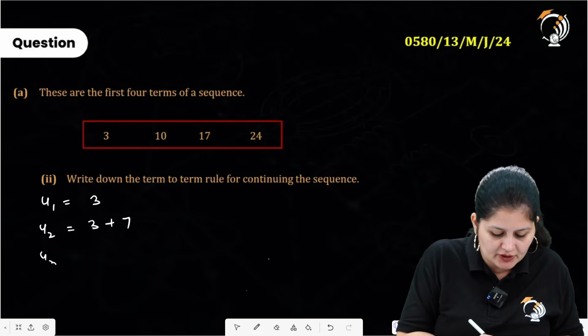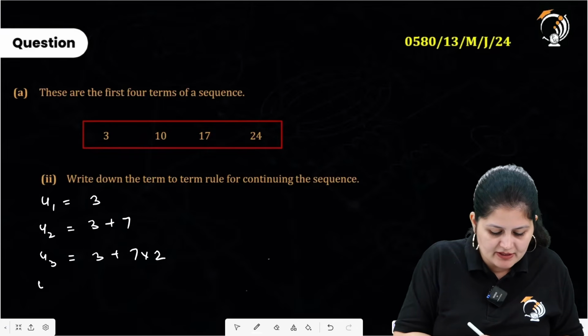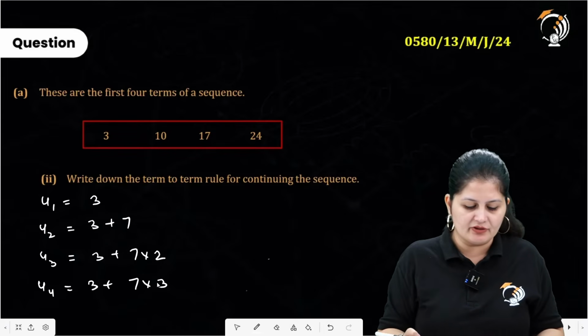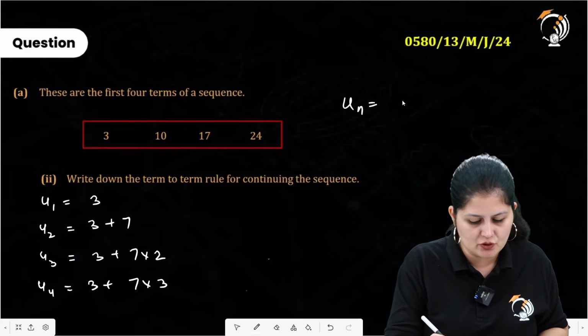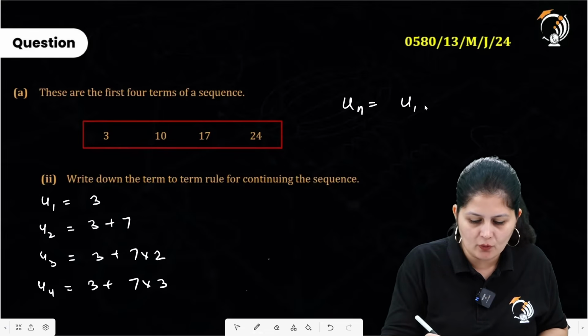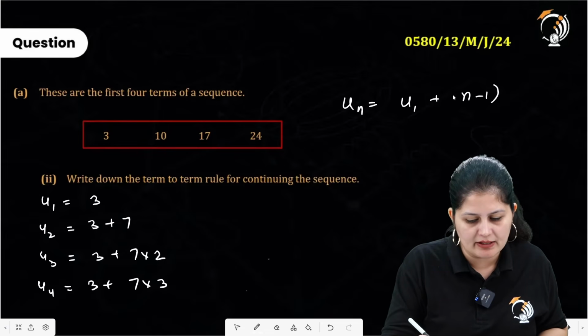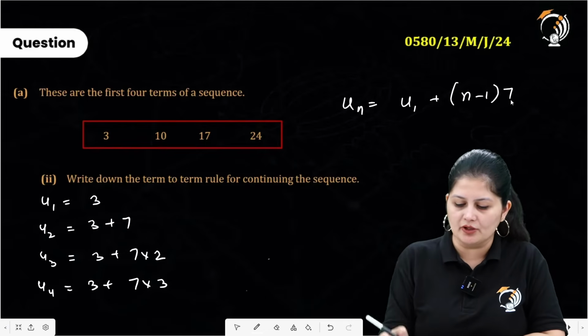The third term is 3 plus 7 multiplied with 2. Right? Then we can see the fourth term as 3 plus 7 multiplied with 3. That is what we have here. Right? So clearly the rule is going to be the first term, u1, plus n minus 1 multiplied with 7. That is what we are going to have as the term to term rule here.